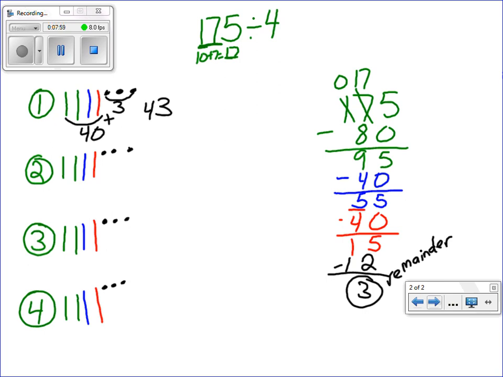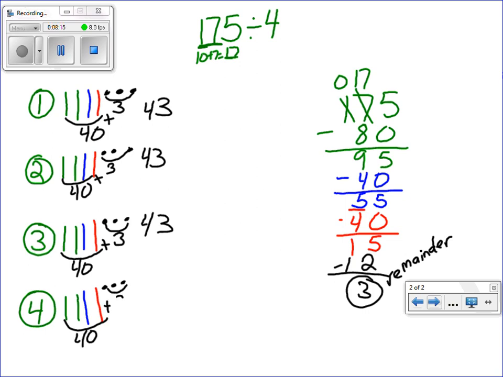I'm going to check my other 3 groups to see if they are the same. They look to be the same. So my gut instinct tells me that my 43, remainder 3, is my answer.